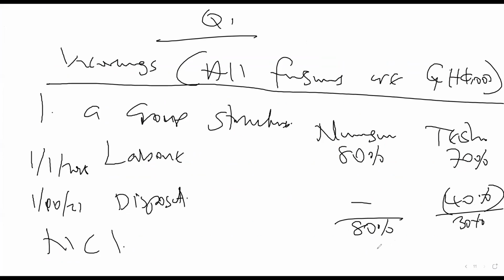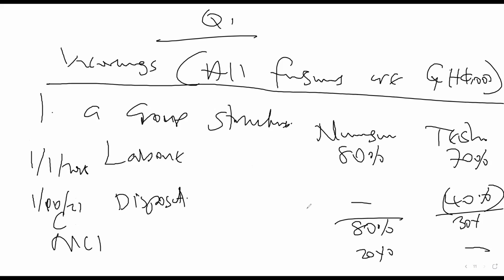NCI: this one is total group holdings. NCI over here will be 20. Here will be dash. And you do your NCI analysis.